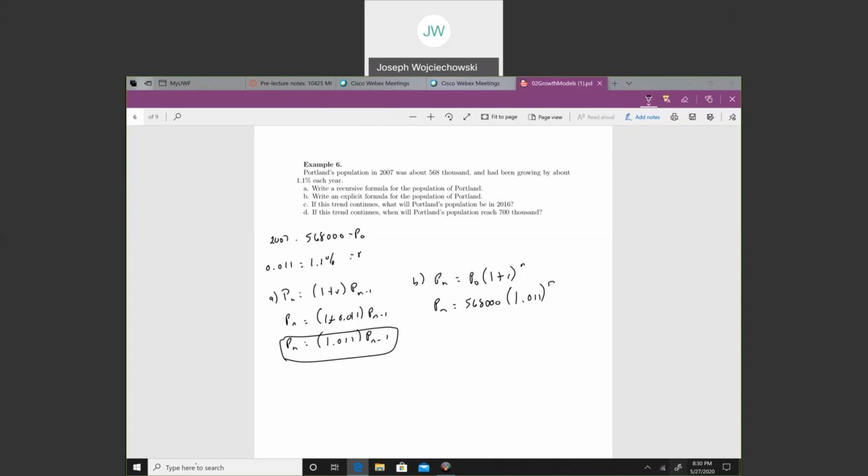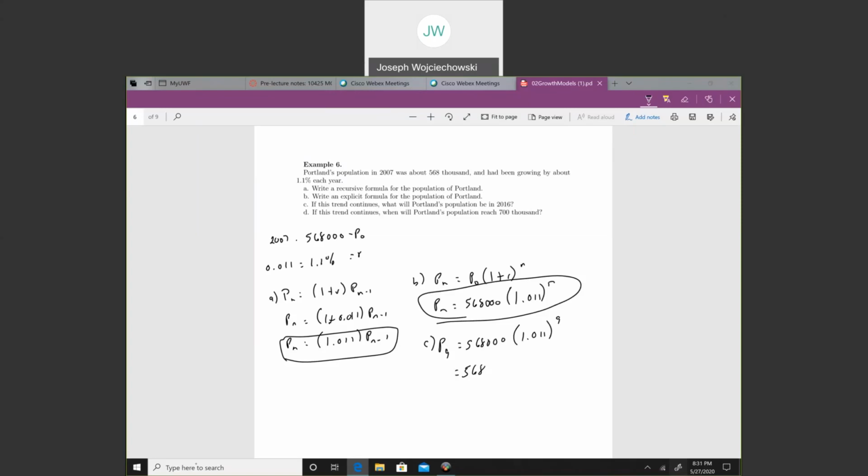Okay, if this trend continues, what will Portland's population be in 2016? So looking at C, going to use that formula there. 2016 will be 9 years from 2007. P sub 9 is equal to 568,000 times 1.011 to the 9th.